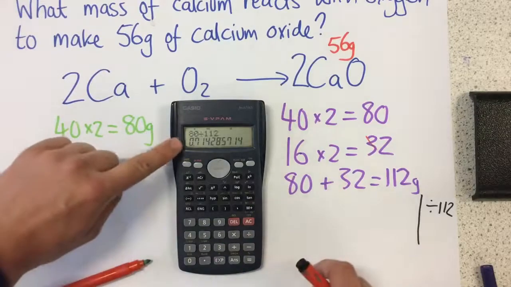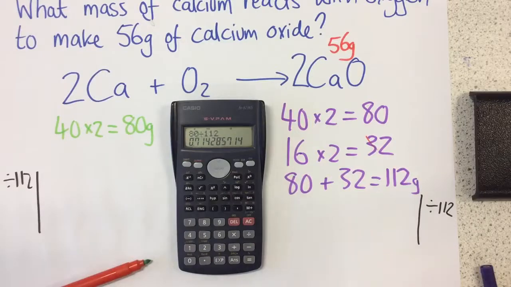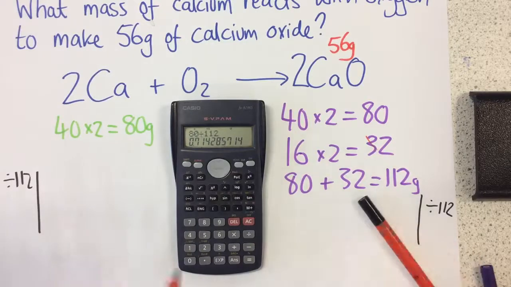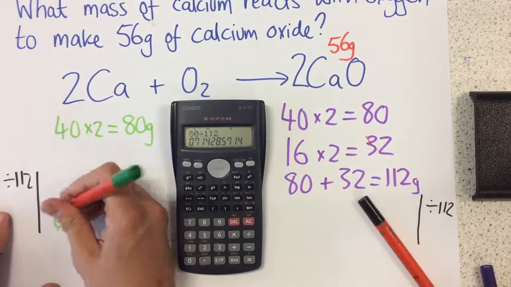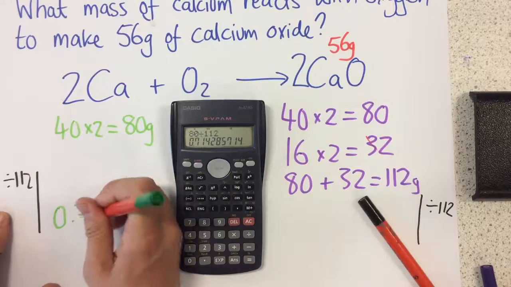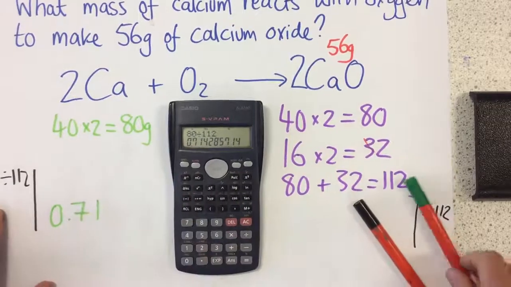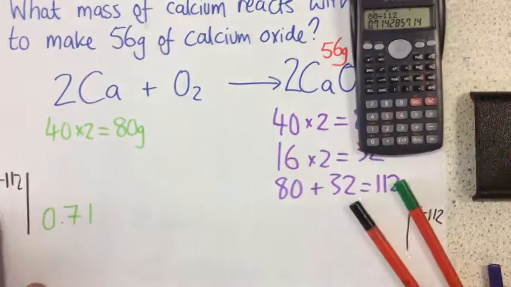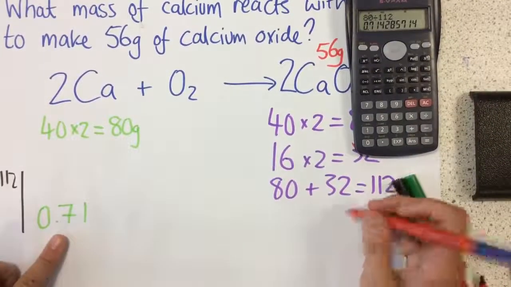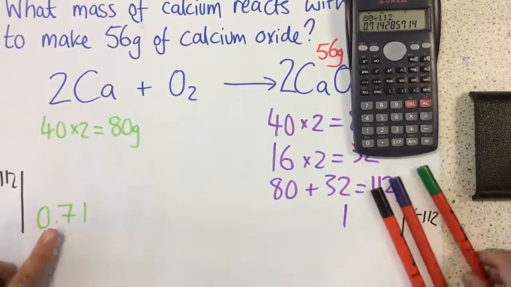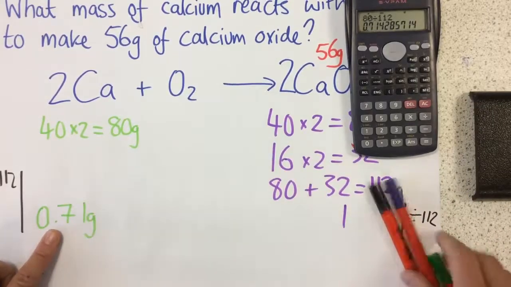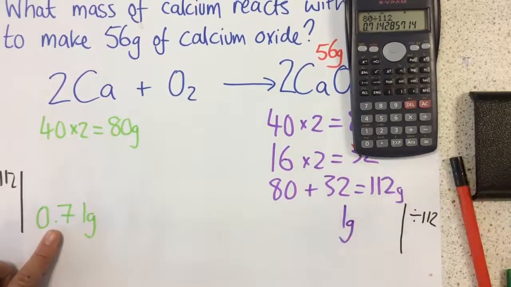Oh, it's given me quite a nasty number, okay? I'm not going to worry about that right now. So I'm just going to show it at the moment to 2 decimal places, 0.71. So what I'm now saying is 0.71 grams of this gives me 1 gram of this.